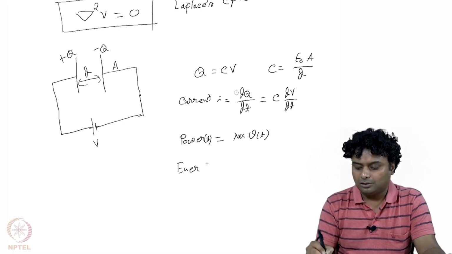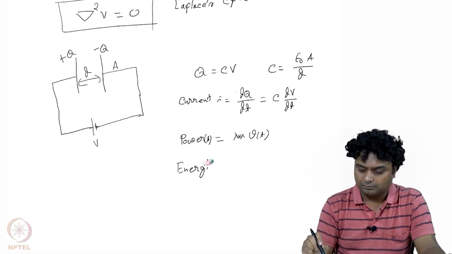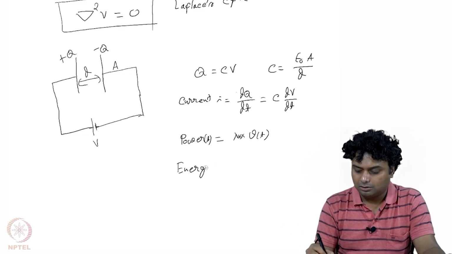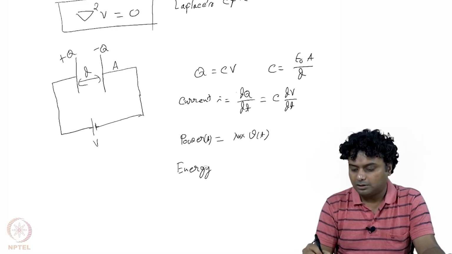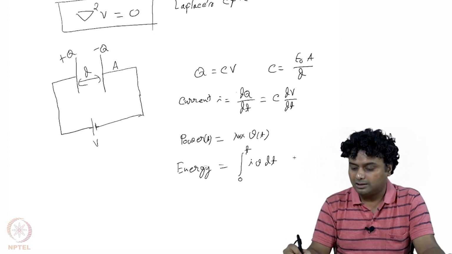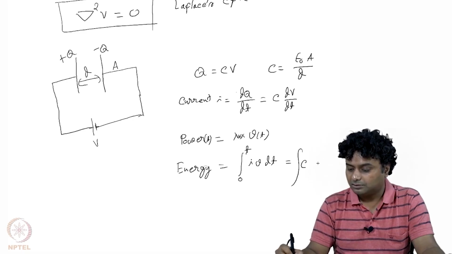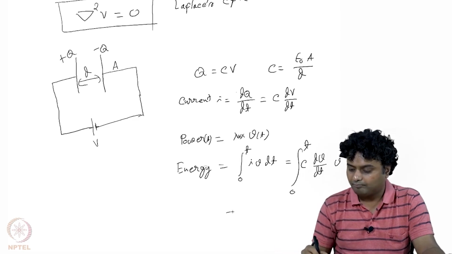The energy stored till some point t is the integration over 0 to t of I into V into dt, right, and that is C dV dt into V into dt from 0 to t, right.